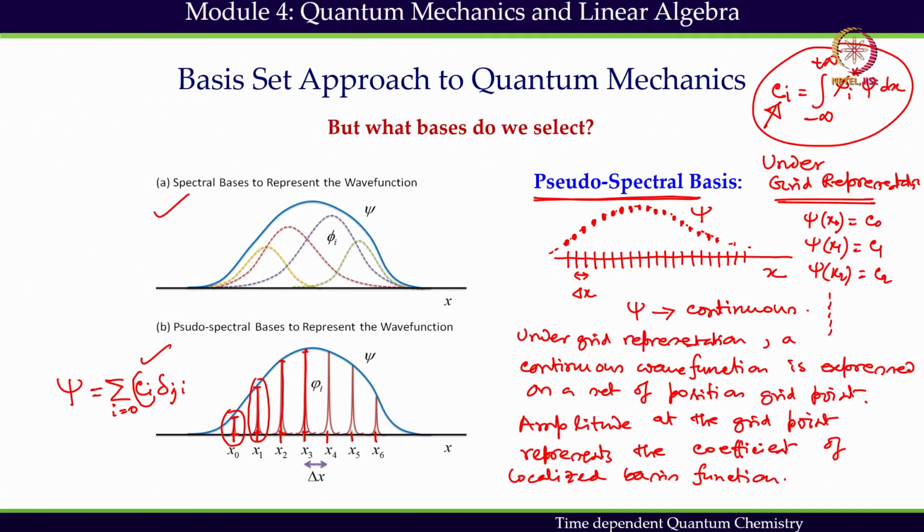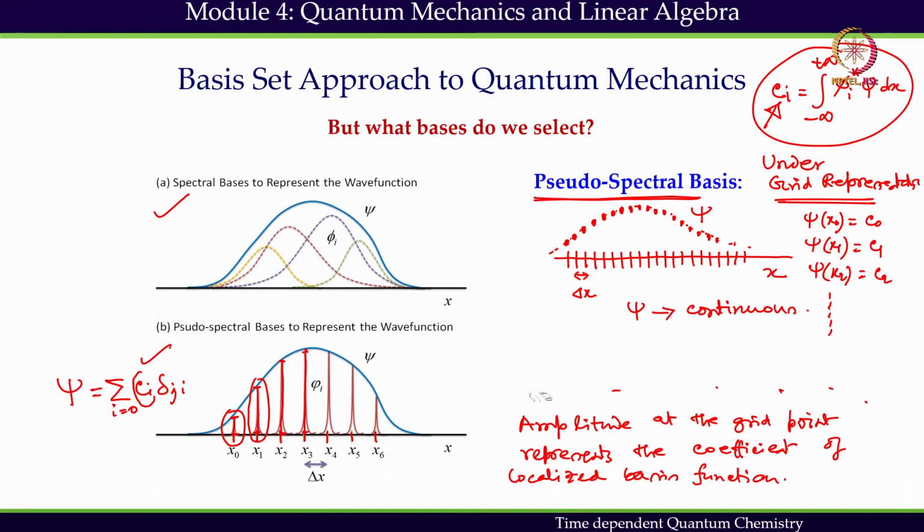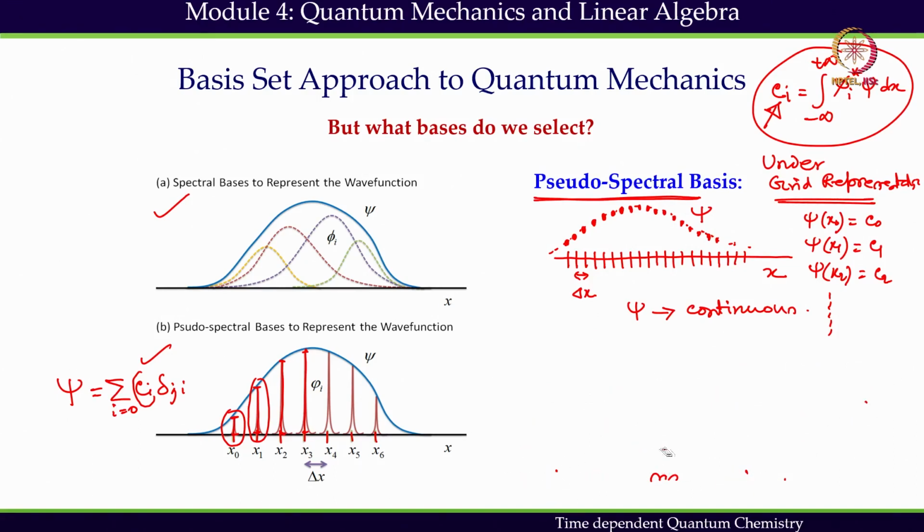So, in the end I will be able to represent the wave function in matrix form, and it is going to be similar to the spectral basis form, but the only difference is the nature. The matrix would look like the following.